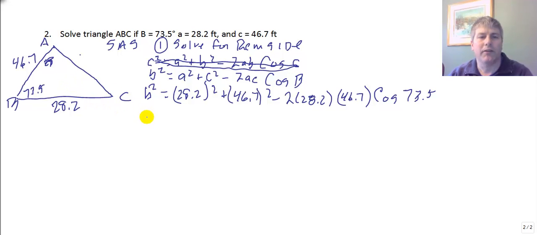But I don't want B squared, I want B. So I'm going to take the square root of both sides and solve. And believe it or not, this is already in calculator ready form.